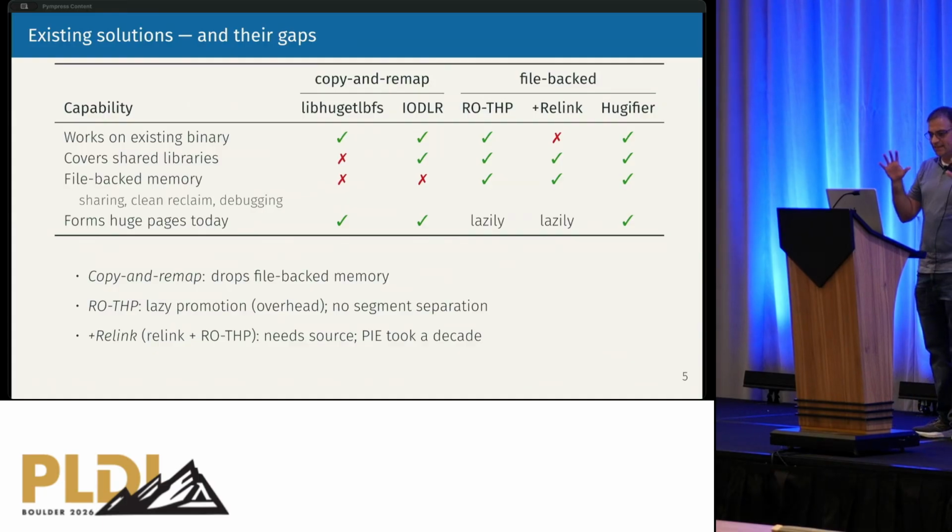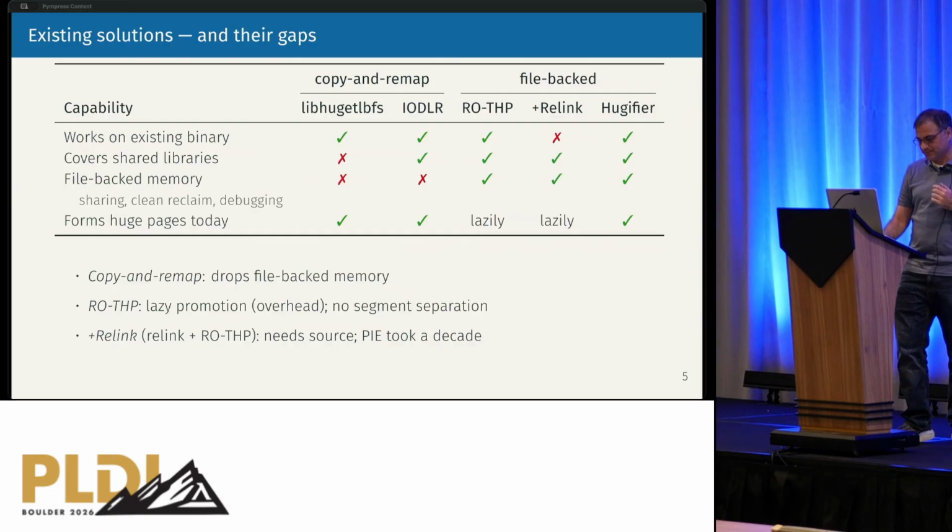It does this lazily: first you get 4 kilobyte pages for the code, and then it promotes them to 2 megabytes. But like all the other solutions here, it does not handle the segment separation requirement. If you have a page that is half code and half data, it cannot be mapped this way.